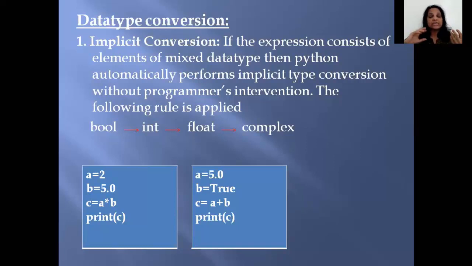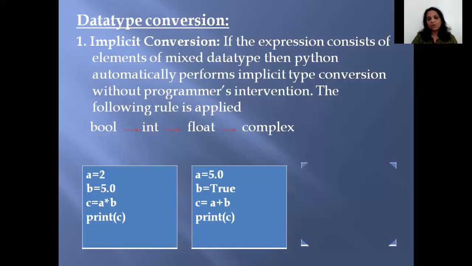So true gets converted to float, which is 1.0, because true basically means 1 and false means 0. But I have to convert it to a float, so it makes it 1.0. And 5.0 plus 1.0 is nothing but 6.0. So the data type of C is again going to be a float. But the answer here is going to be 6.0.